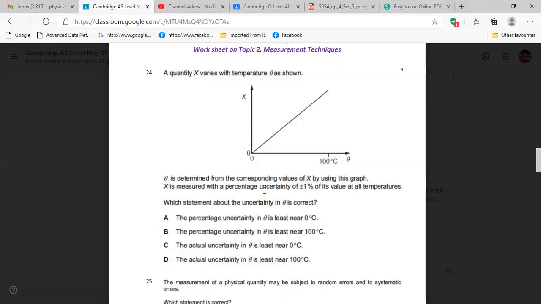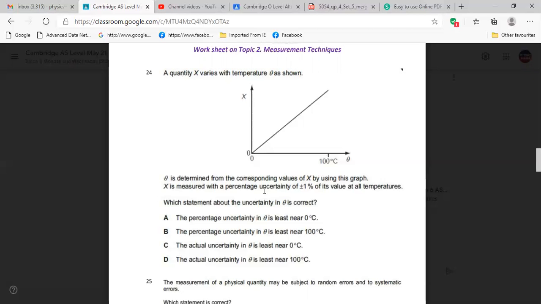Yes. Like actual uncertainty, in any thermometer we have actual uncertainty. Normally it is 1 degree Celsius, right? Yes, sir. 1 degree or 0.5 degree Celsius or maximum 2 degree Celsius in some of the thermometers. So if you multiply 1 or 0.5 or 2 degree with 0.01, this value is very small, right? Yes, sir.